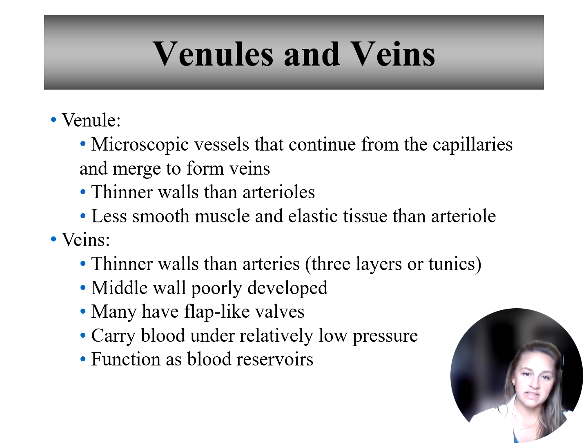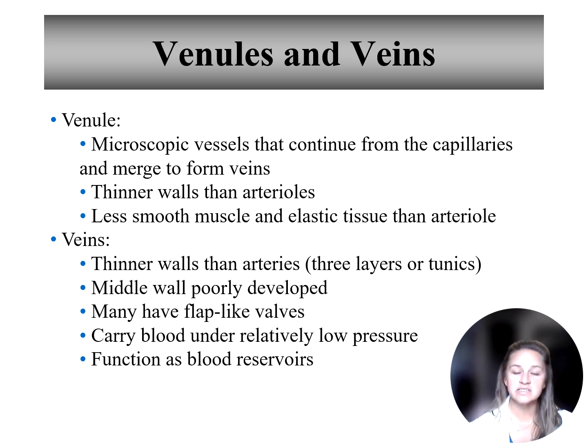Veins have thinner walls than arteries, again, because the blood pressure is lower. They have flap-like valves. So this is the primary difference, aside from the strength of the walls. The structure that veins have that arteries do not is these flap-like valves.